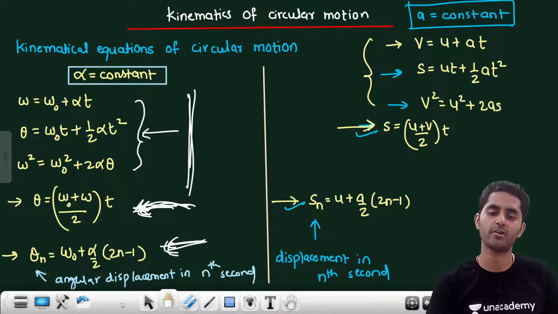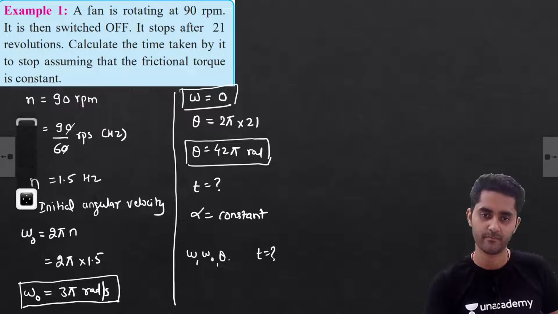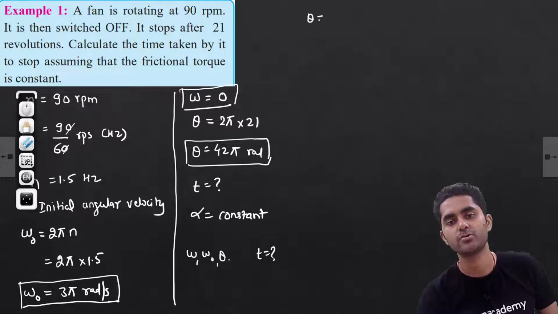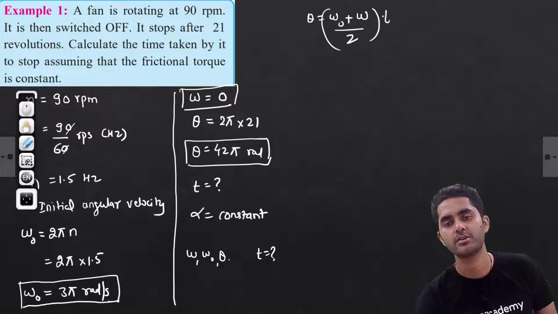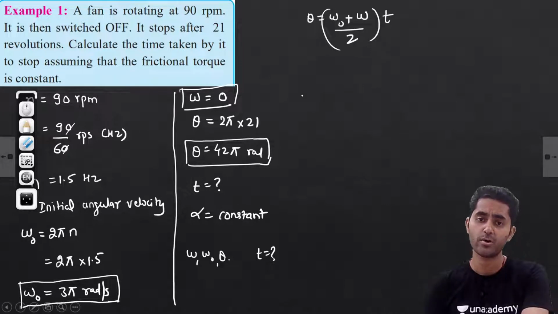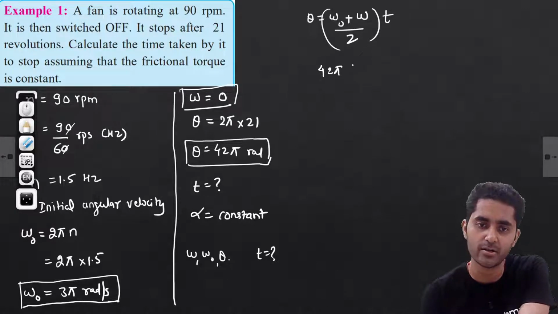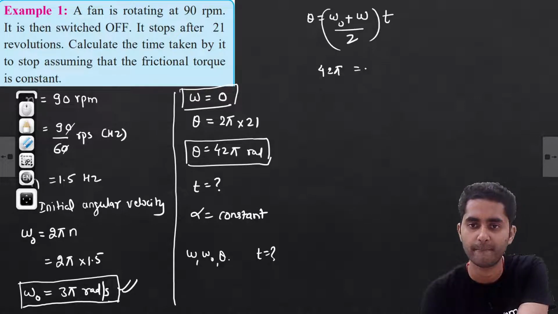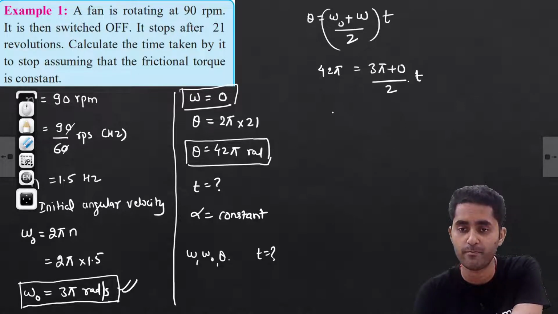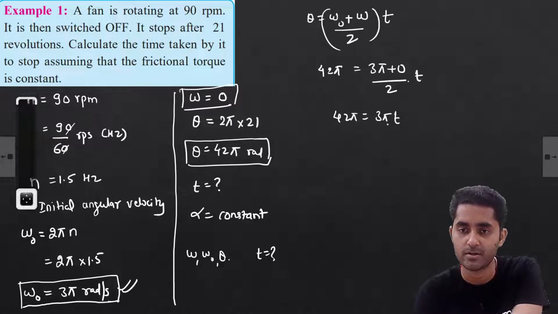Theta is equal to omega naught plus omega upon 2 into t. What is theta? 42 pi. What is omega naught? 3 pi, plus 0, upon 2 into t. So this will become 42 pi is equal to 3 pi t by 2.